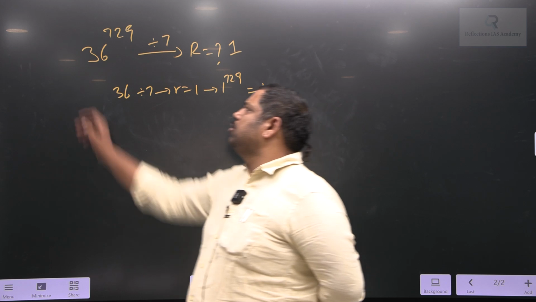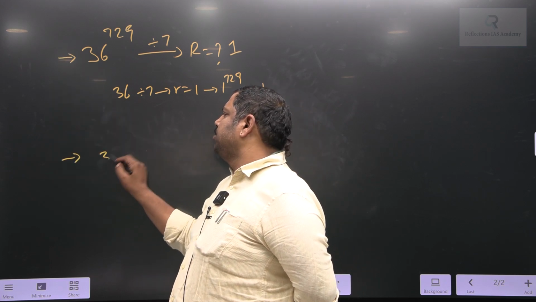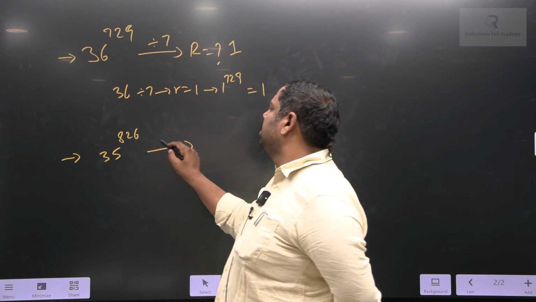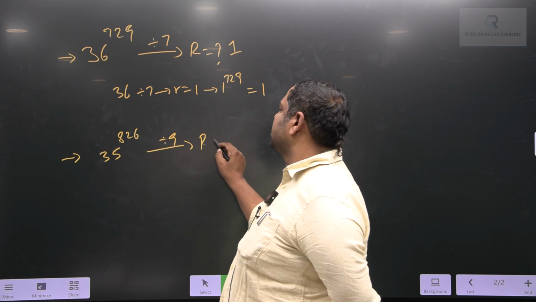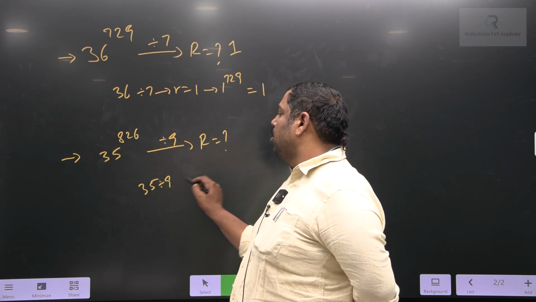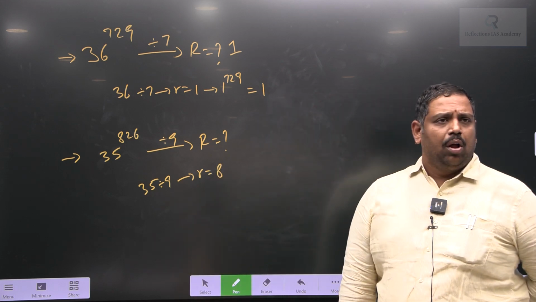And next one, suppose I extend, okay, now you can understand the importance of the negative remainder. 35 power 826, when you divide with 9, what is the remainder he is asking. Now, if I go with 35 by 9 normally, then what happens is the remainder is 8. Yes or no?